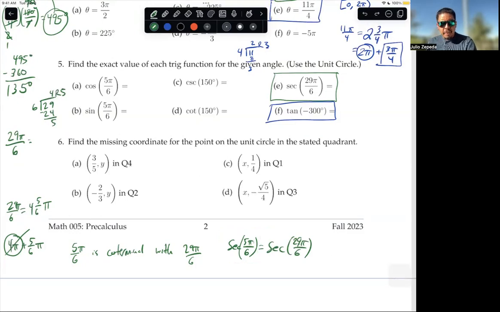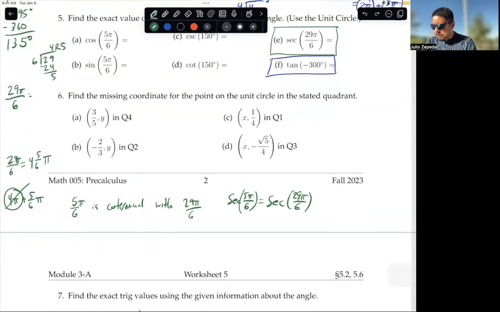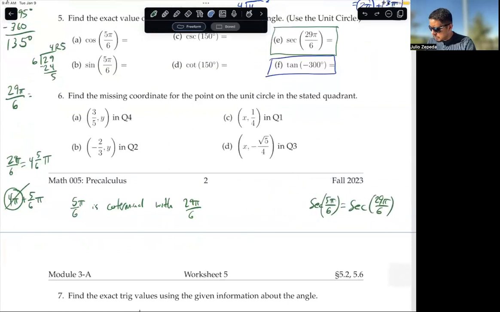The secant of 5 pi over 6, the secant of any angle, I'll go left now here, is equal to, what is it? This is the reciprocal of cosine, so it would be hypotenuse over adjacent, or in terms of x, y, and r, that would be r over x.